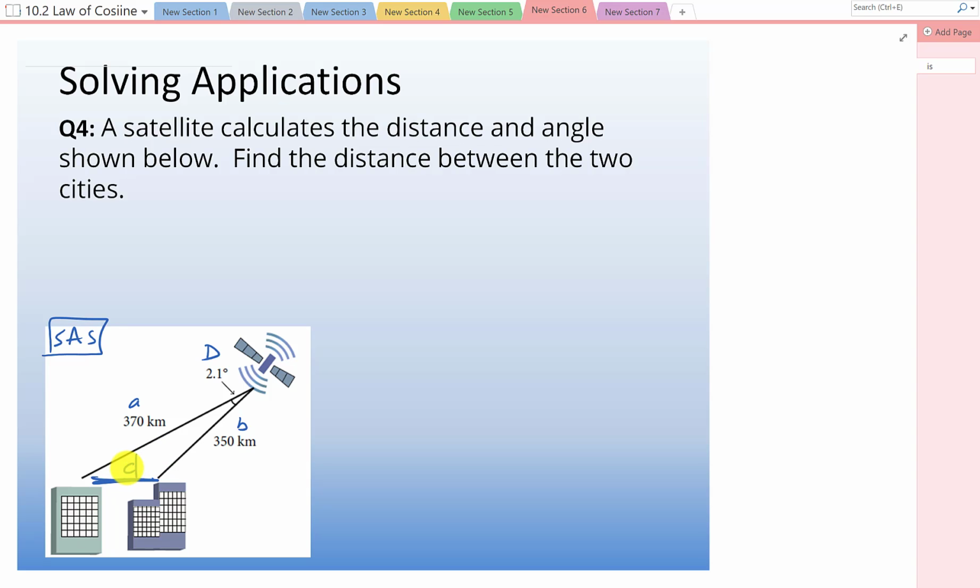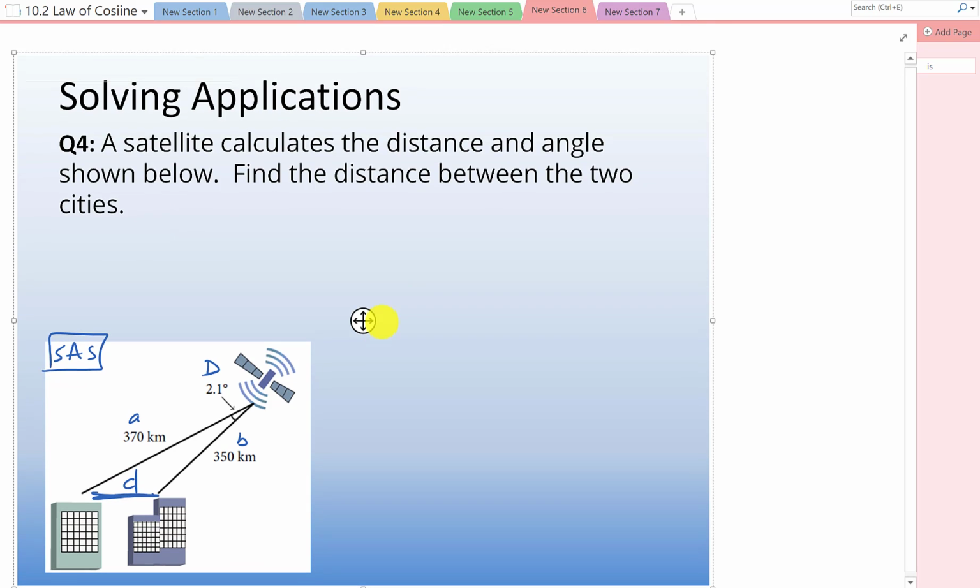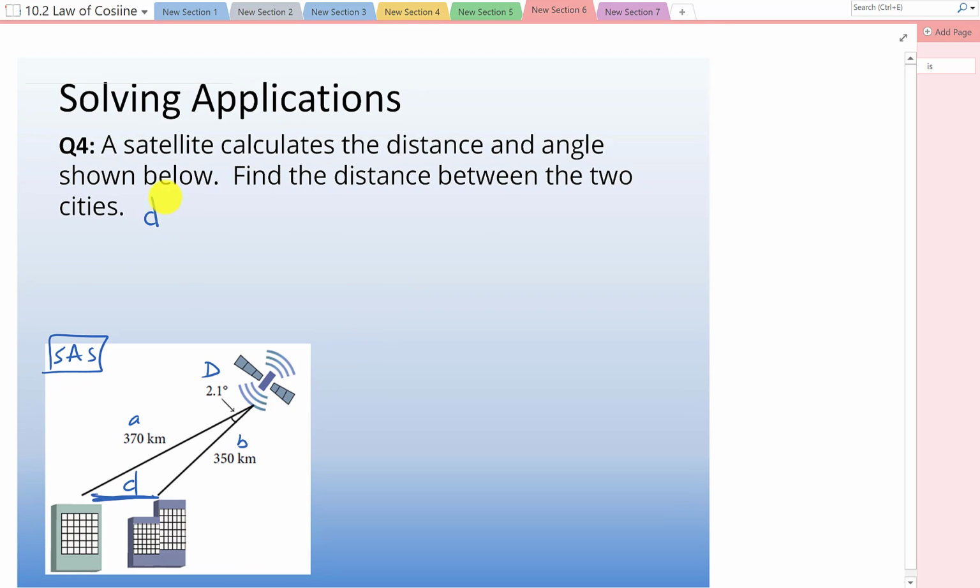And then I can make my equation with the law of cosines. So I'm just adapting the formula. D squared equals A squared plus B squared minus 2AB cosine of big D, because angle D is opposite side D. And the rest is just calculator work.